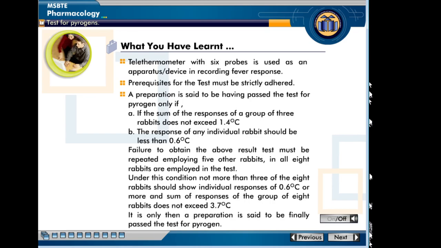If this result is not obtained, the test must be repeated employing 5 other rabbits. In all, 8 rabbits are employed in the test. Under this condition, not more than 3 of the 8 rabbits should show individual responses of 0.6 degrees Celsius or more, and the sum of responses of the group of 8 rabbits should not exceed 3.7 degrees Celsius. It is only then that a preparation is said to have finally passed the test for pyrogen.